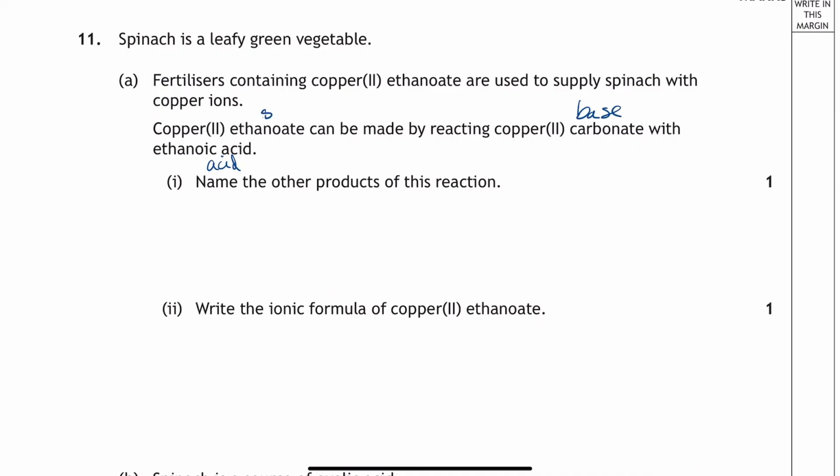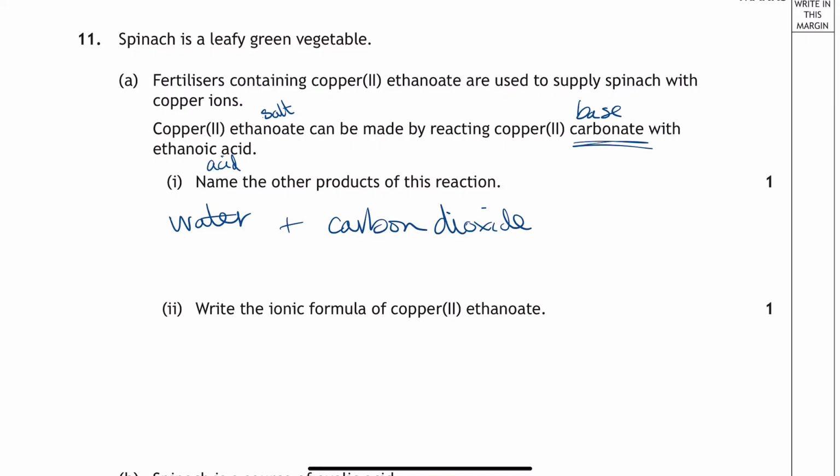Copper ethanoate is a salt. So the other products of a neutralization reaction are water, and when you use a carbonate, carbon dioxide. Okay, that's quite a lot, a bit of National 5 knowledge that they're expecting you to remember for this one. So just remember, if you're using a carbonate, you'll make carbon dioxide gas when you react it in a neutralization, and the other product of neutralization is salt and water.